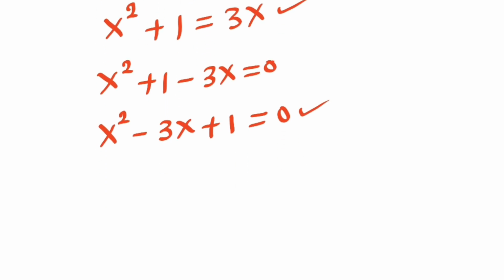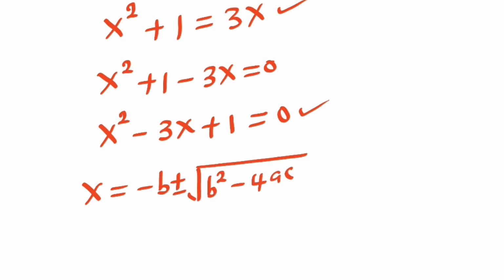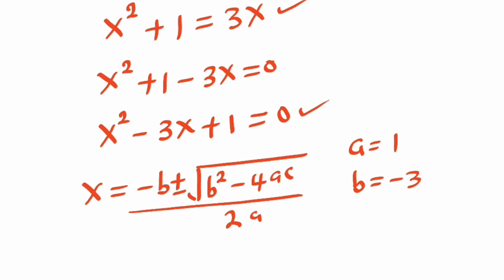So let us solve this using quadratic general formula. S is equal to minus b plus or minus square root of b square minus 4ac divided by 2a. And from this equation, a is equal to 1, b is equal to negative 3, c is equal to positive 1.